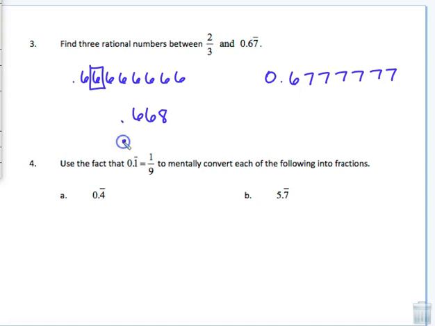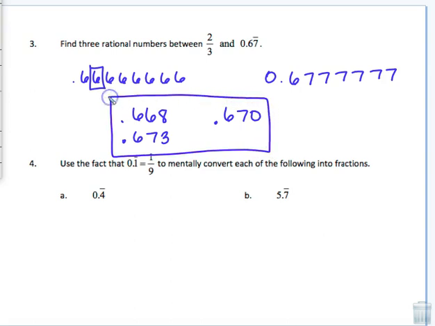I could have 0.6. Instead of 77, I could have 73, or I could even have 670, 671, 672. It would just have to be smaller than 6777777 and bigger than 2/3. So there's a lot of answers to this problem. I did come up with 3 like the problem said, and it's just rational numbers.